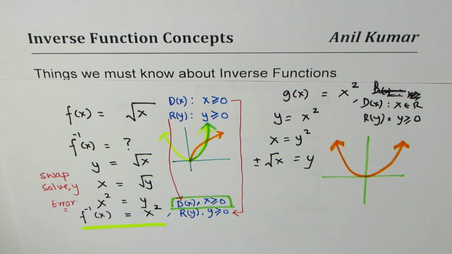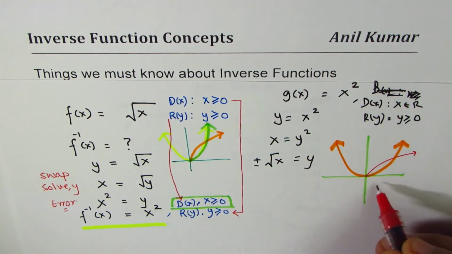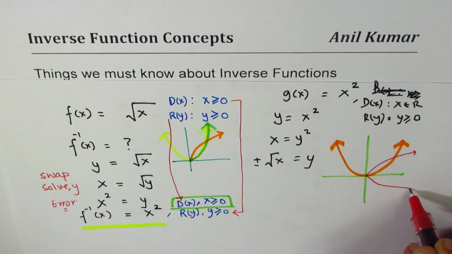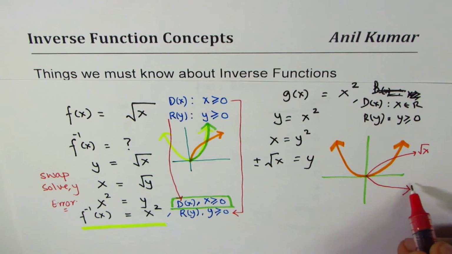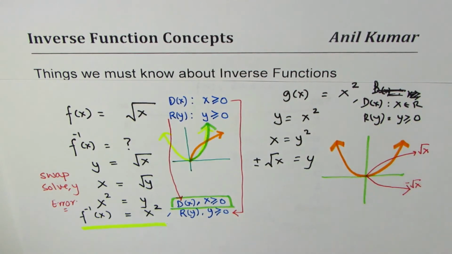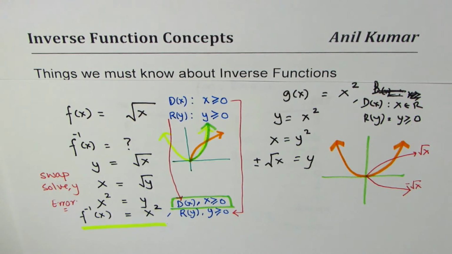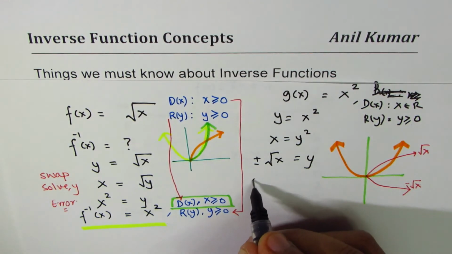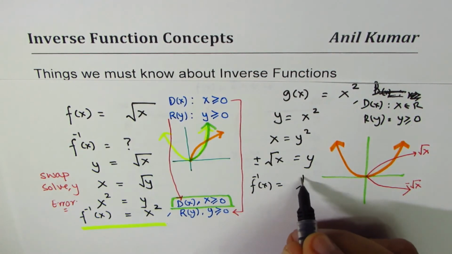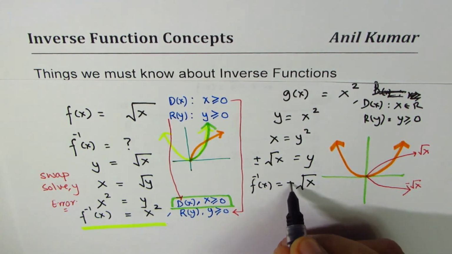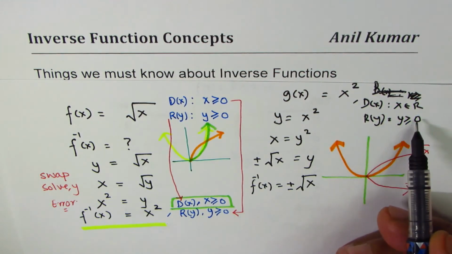So the inverse of this function will be this, where this is square root of x plus and this is square root of x with a negative sign, right? So you get y as square root of x, plus and minus. So the inverse of this function is not only square root of x, it is square root of x with plus and minus sign, correct? It matches with your domain and range.